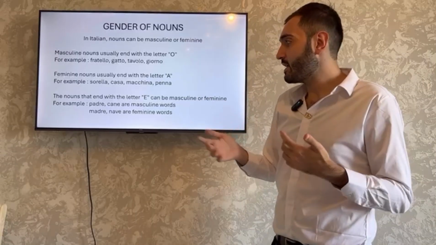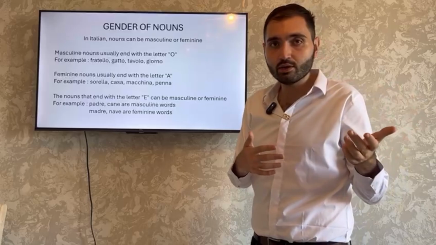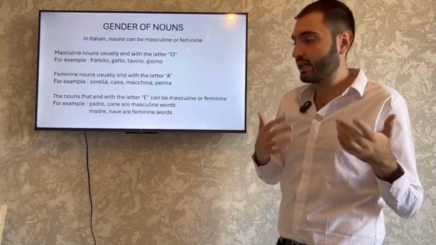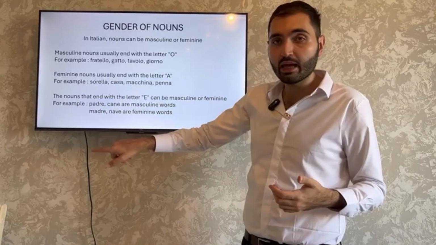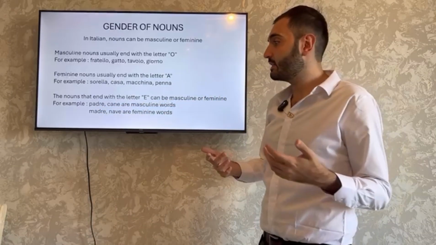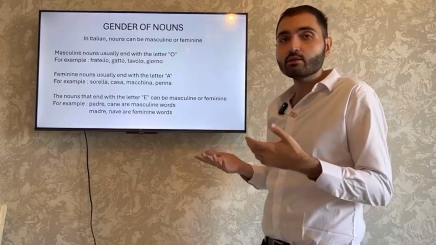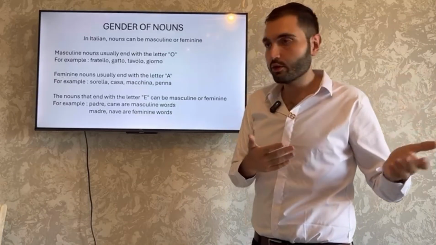For example, here I wrote some masculine and feminine nouns that end with letter E. Let's take a look. The first word is padre. Padre means father, and it describes a man, so of course it's a masculine word.